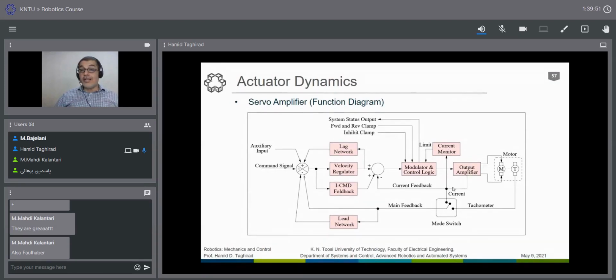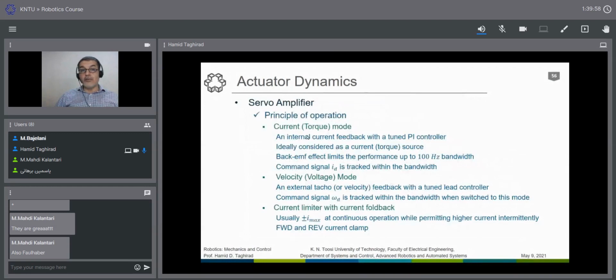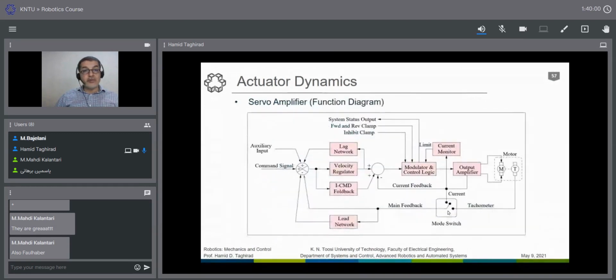We can usually use the current mode or a velocity mode. As I mentioned here, for the current mode and velocity mode, you have a switch in many drivers. You can switch to the current mode or to the velocity mode, or this could be set by the microcontroller that you have in the system.